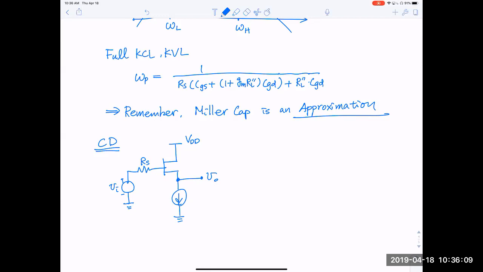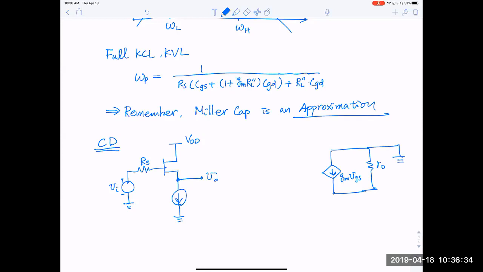So how do we do this? Well, we do small signal analysis. So we have the drain, we have a dependent current source, gm VGS. We have RO, and the drain is grounded.